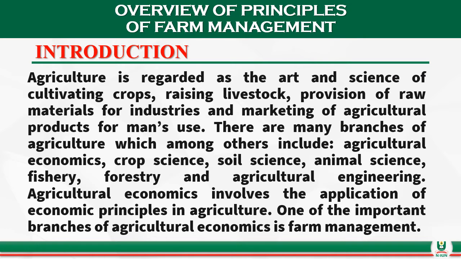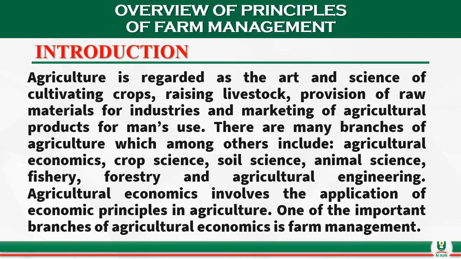The topic is the overview of principles of farm management, as a first lesson as far as this course is concerned. Under introduction, agriculture is regarded as the art and the science of cultivating crops, raising animals, provision of raw materials for industries, and marketing of agricultural products for man's use.